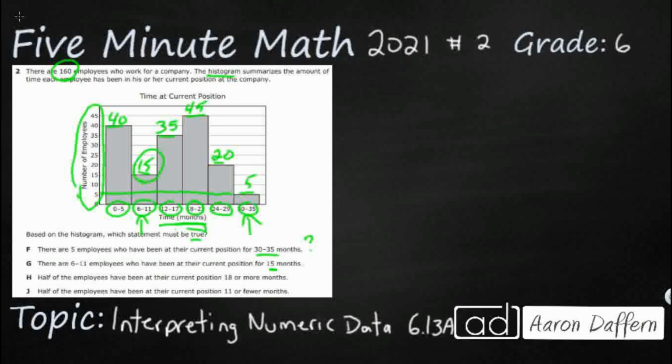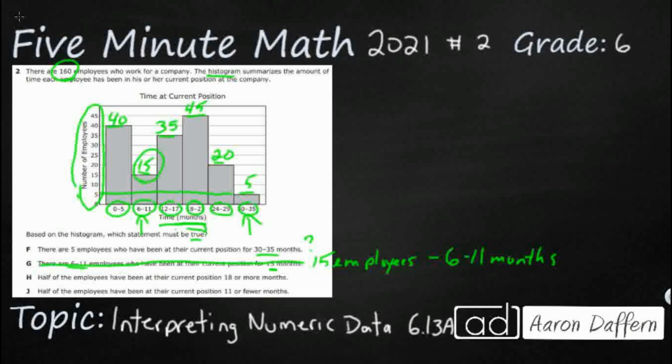And instead of being 6 to 11 employees, it's 15 employees. They actually flip the numbers. What we need this to say is there are 15 employees that have been in their current position for 6 to 11 months. So they give you the right pieces of data, they just put them in the wrong order. That is extremely tricky. So let's cross that one out.